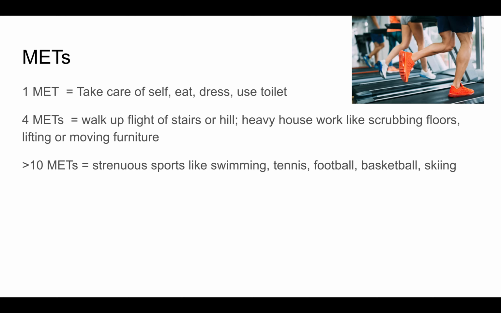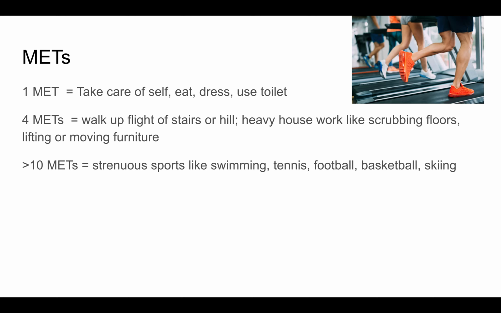4 METs is equivalent to walking up a flight of stairs or a hill, doing heavy housework like scrubbing floors or lifting or moving furniture, and can be anywhere between 4 and 10 METs. And that's usually the marker of where you want your patients prior to surgery. A lot of times 4 METs is the indicator we use, as this patient has a fairly decent ability to perform daily activities and may do okay with surgery.